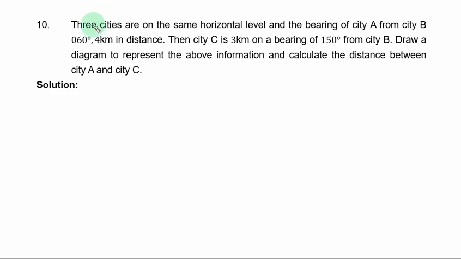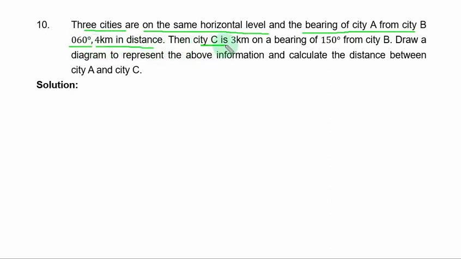Example 10. 3 cities are on the same horizontal level, and the bearing of city A from B is 60 degrees, 4 kilometers in distance.